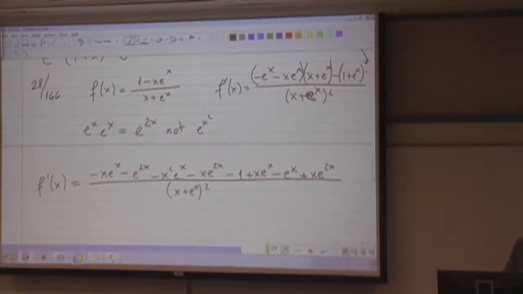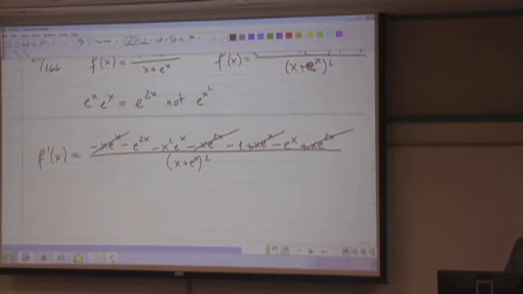And this is what I was saying, x e to the 2x cancels out, moreover minus x e to the x plus x e to the x cancels out, so we're just left with, I'll take a minus out in front, we have e to the 2x plus e to the x plus x squared e to the x plus 1, divided by x plus e to the x quantity squared.